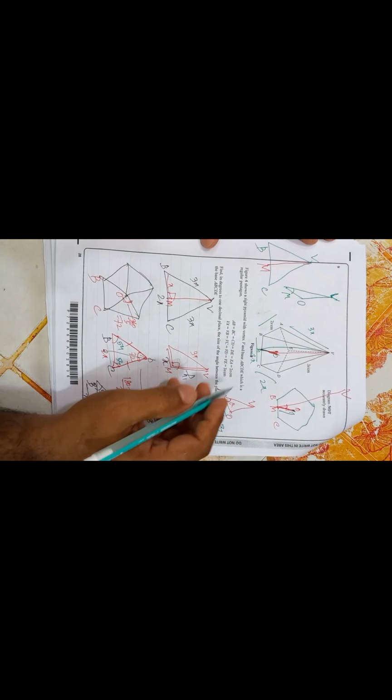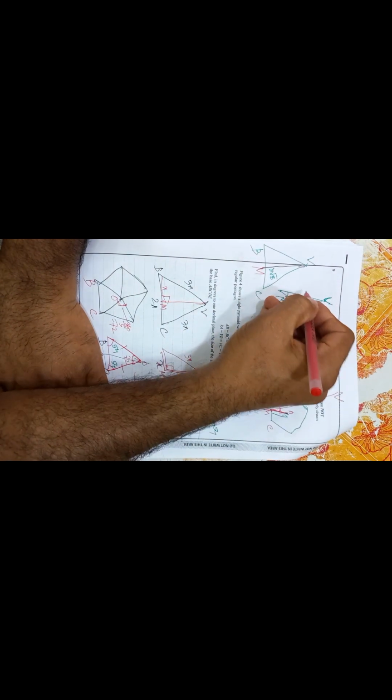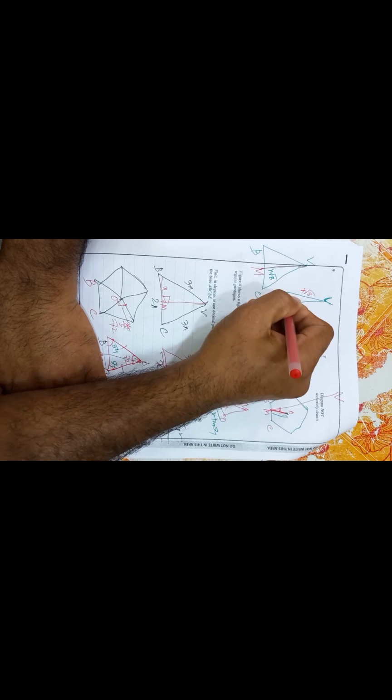So we have OM as x tan 54, and VM as x root 8. This is theta.